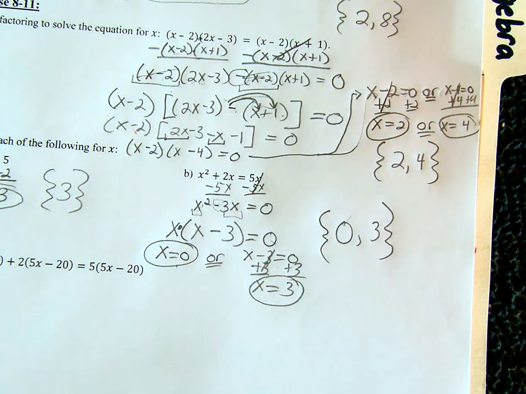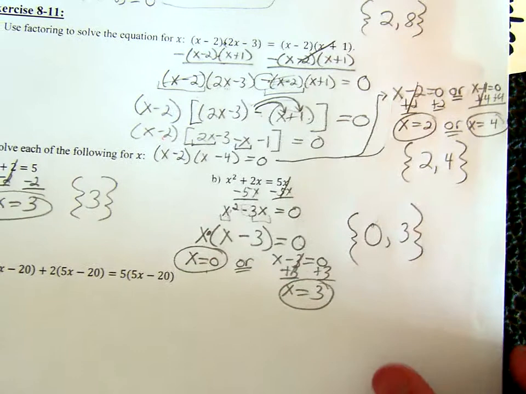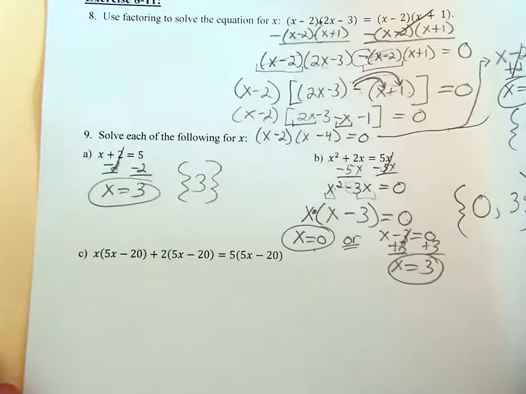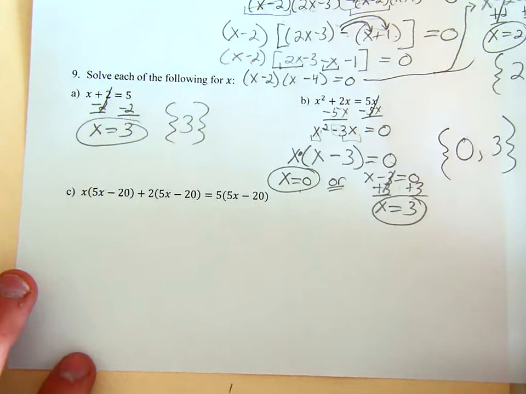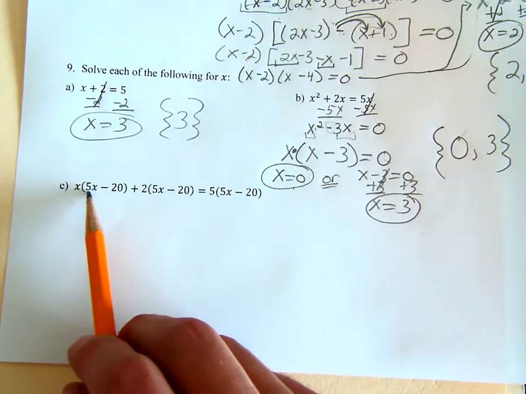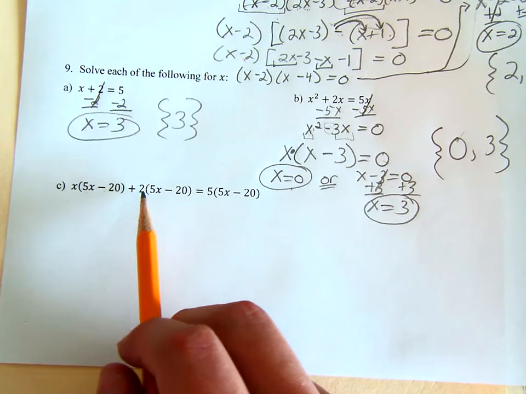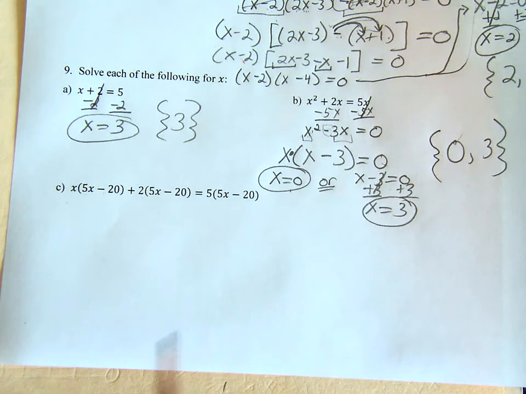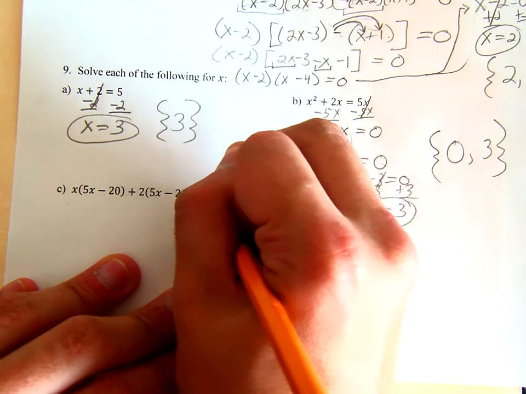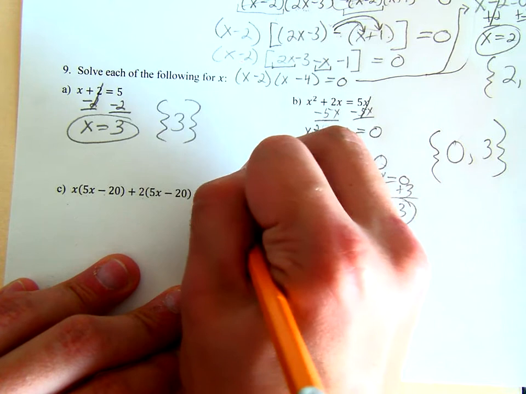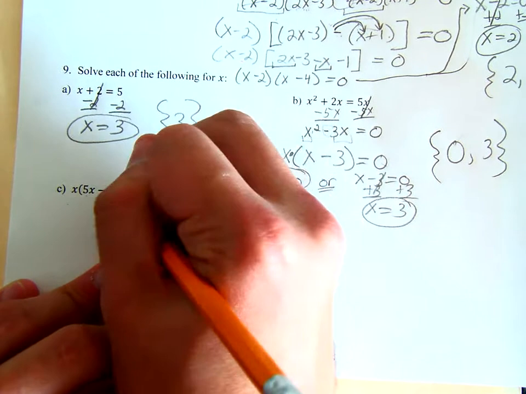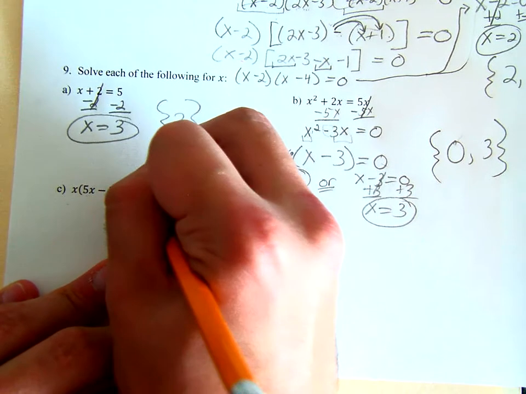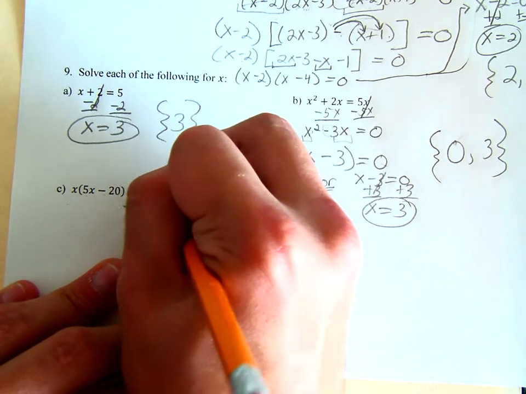Okay? And now let's look at this last one. This last one kind of gets a little complicated. But looking at this, we have x times 5x minus 20 plus 2 times 5x minus 20 is equal to 5 times 5x minus 20. So what we're going to have to do is I would just subtract 5 times 5x minus 20, and I'm going to do the same on this side, minus 5 times 5x minus 20.